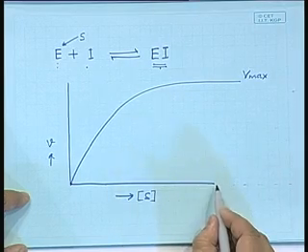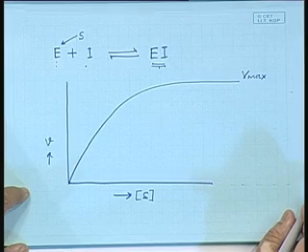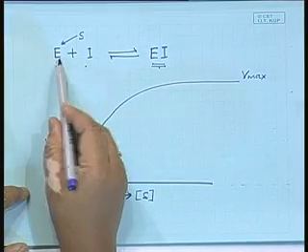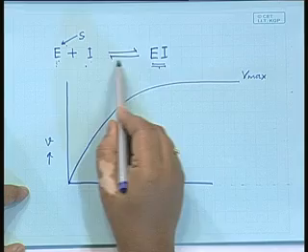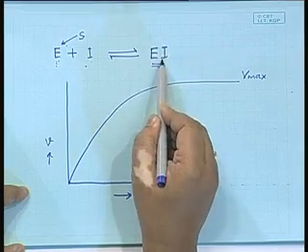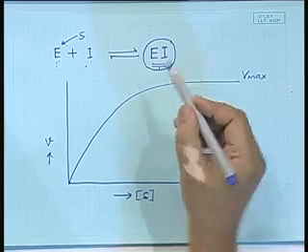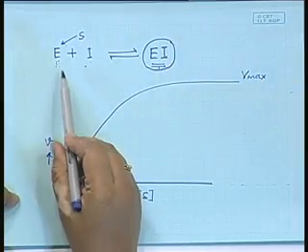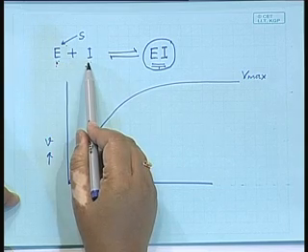If I increase the substrate concentration to a large enough value, my enzyme substrate complex can then form. Why? Because my enzyme inhibitor complex actually has an equilibrium. This is a loose association, so I can have a free enzyme dissociated from the inhibitor.